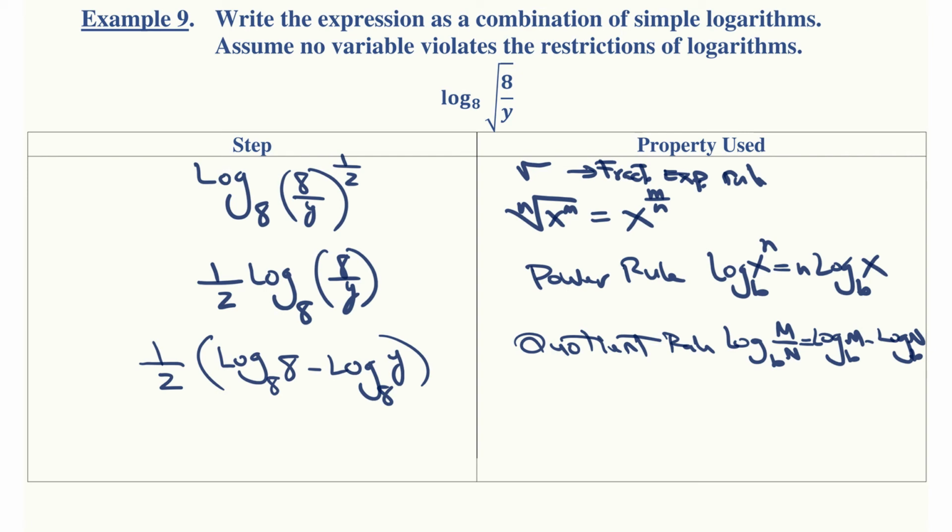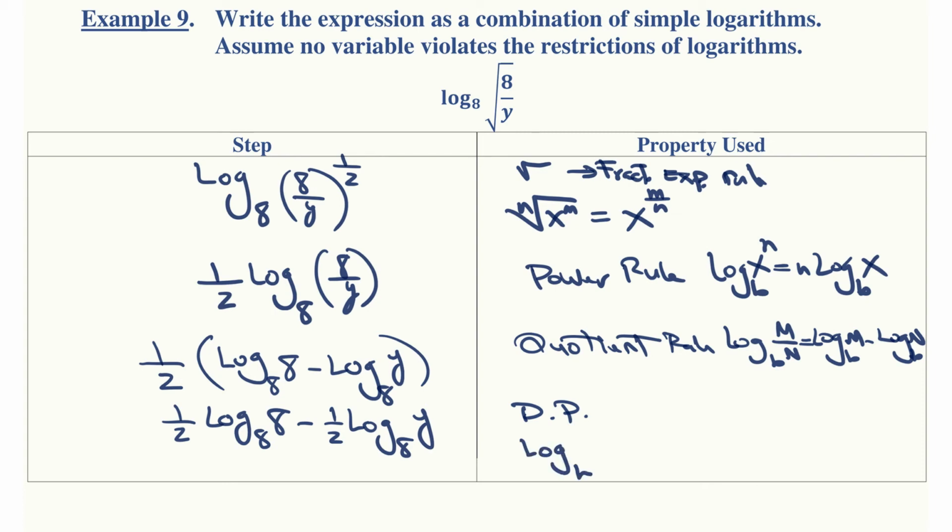and that gives us, upon distribution, 1/2 log base 8 of 8 minus 1/2 log base 8 of y. Here we're just using the distributive property. And the last thing we want to do is remember this rule, that if you have the log base b of b, that equals 1, for obvious reasons, right?